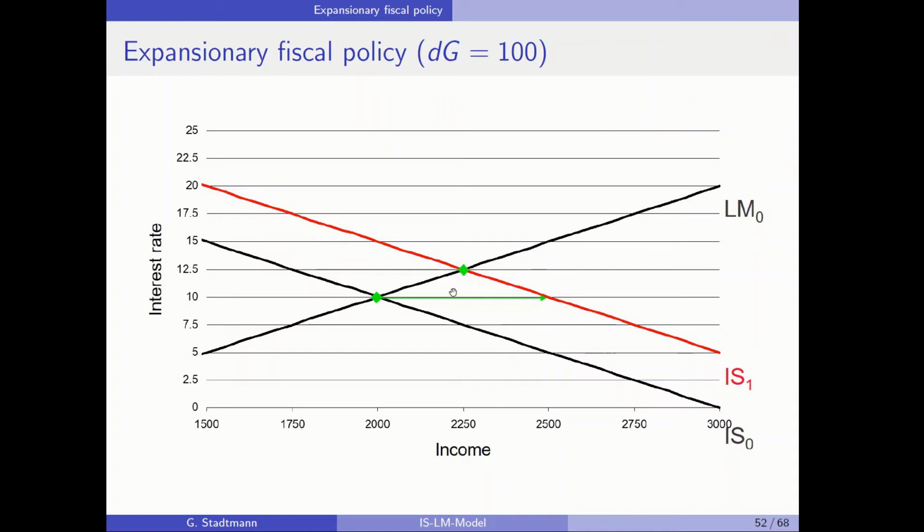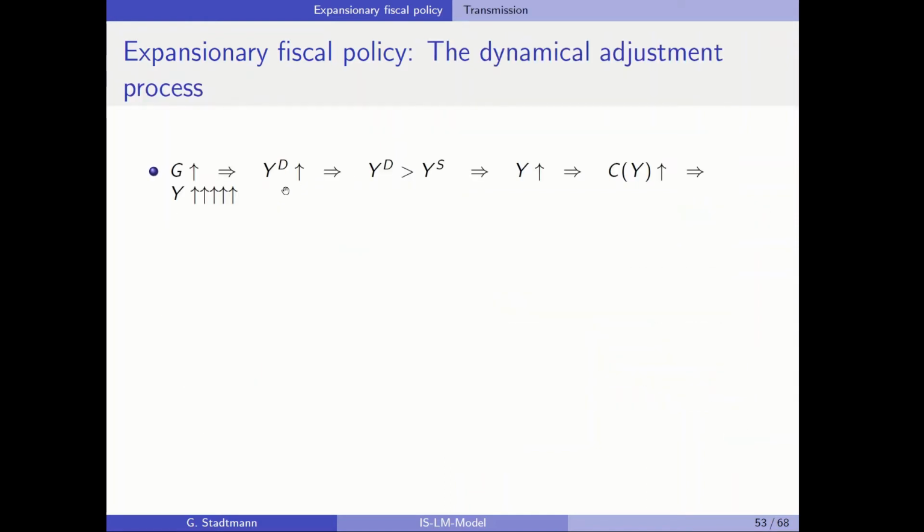Let's talk about how we get from this equilibrium to the other equilibrium. How do we get from the old to the new equilibrium? What is the transmission mechanism? We start at the initial shock. The government increases government spending. This leads to an increase in demand. Demand is larger than supply. The companies are producing more.